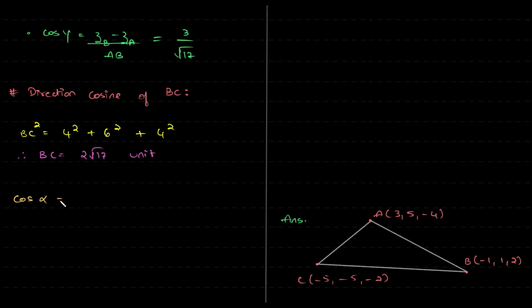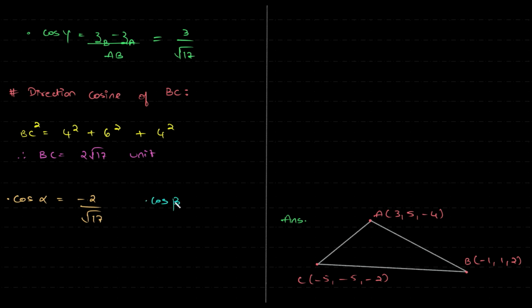And cos alpha in this case we can directly do. The order is important over here. This would be -4 by 2 root 17, so -2 by root 17.